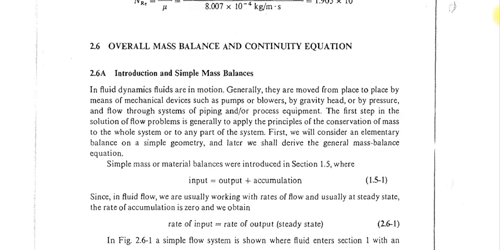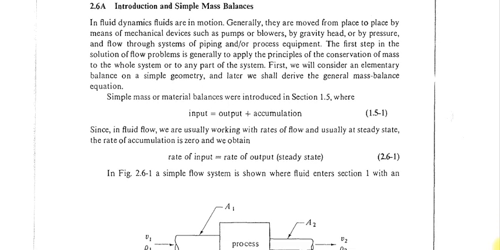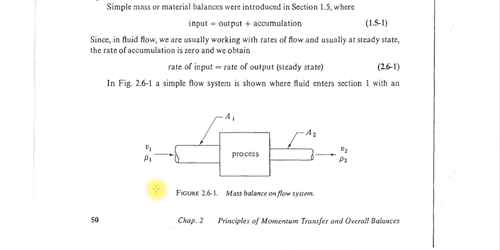In the equation of continuity, when you derive it in the microscopic balance for an incompressible fluid, you end up with the equation del dot v equal to 0. But when you write the macroscopic balance, macroscopic balances are system based. Suppose you have a system. This is a circular pipe with cross-sectional area a1.